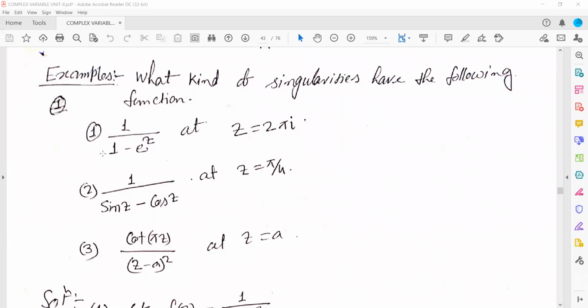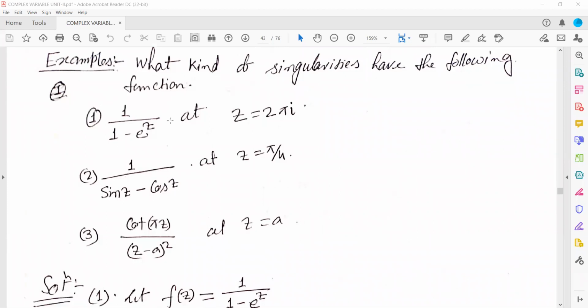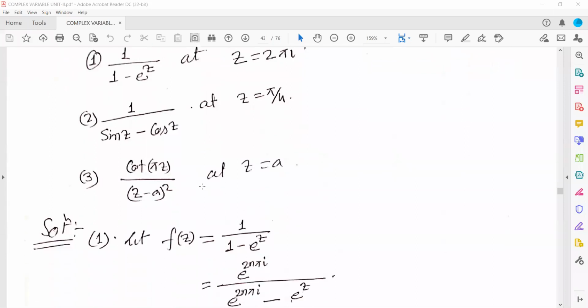Here there is no need to find the singularity point because it is already given. So you need to check only at z equal to 2 pi i, what kind of singularity it is for the function 1 upon e to the power minus z. Similarly for this at z equal to pi by 4, and for this at z equal to a.